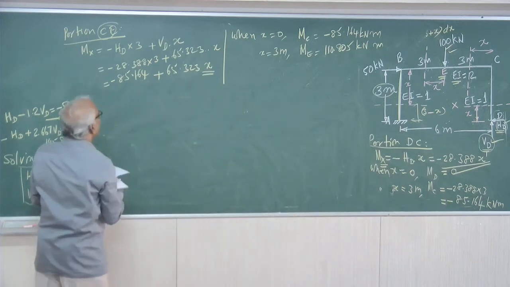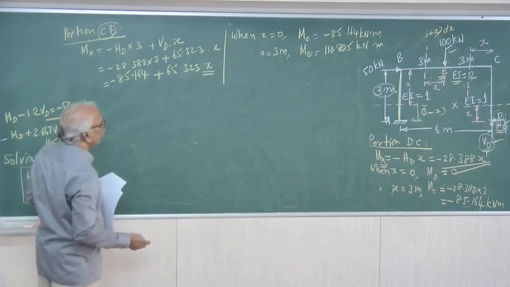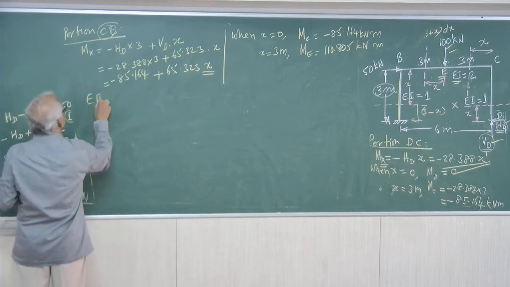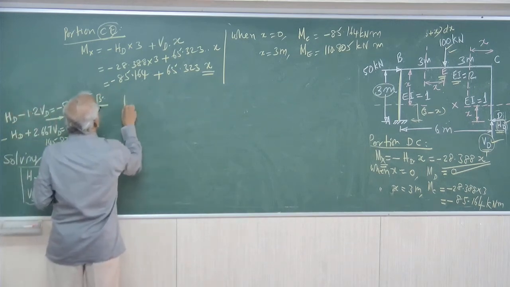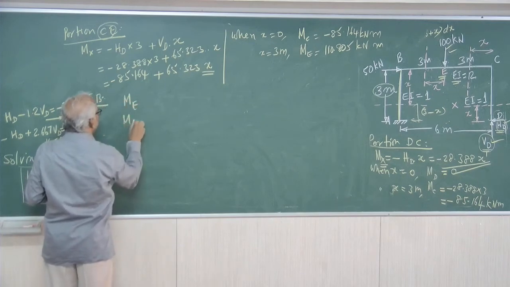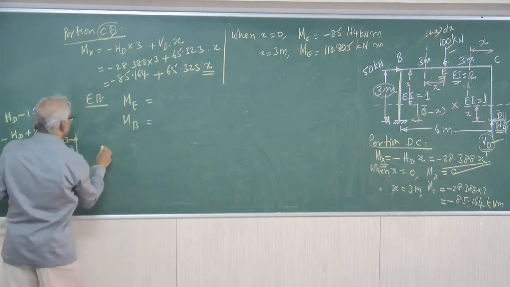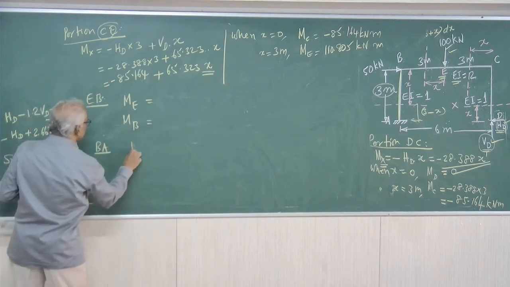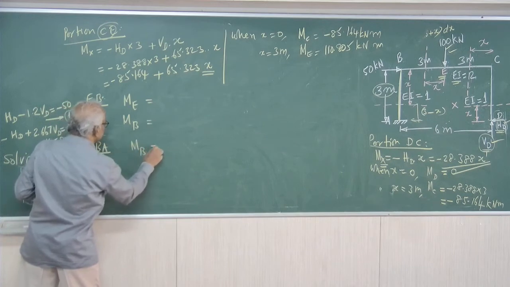And when we take the portion EB, we will get ME and MB. When you take the portion BA, we will take MB and MA.